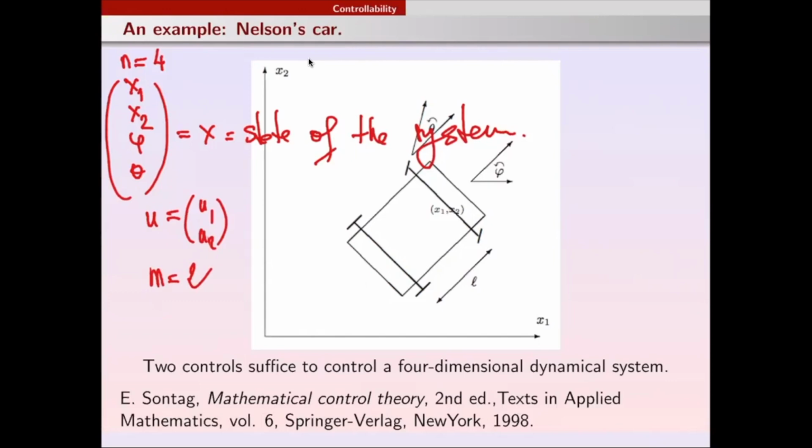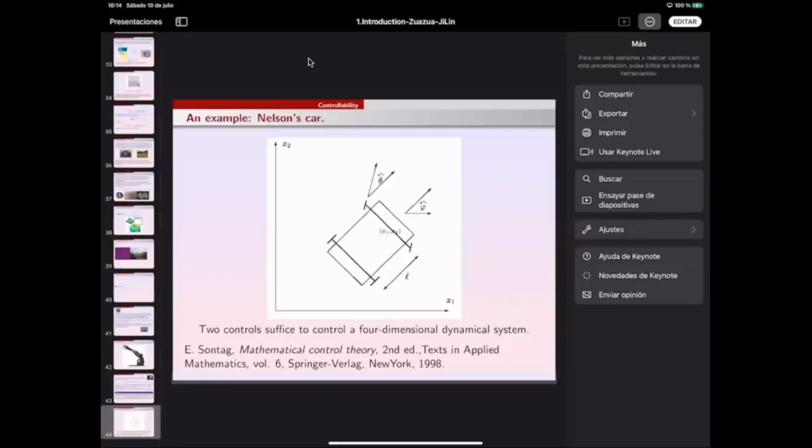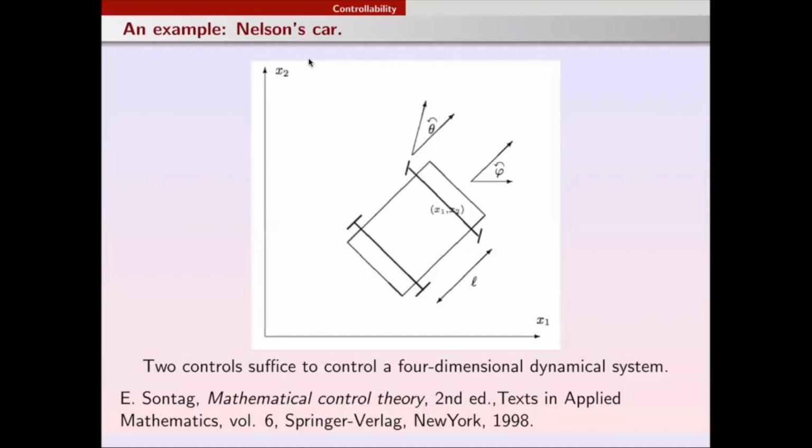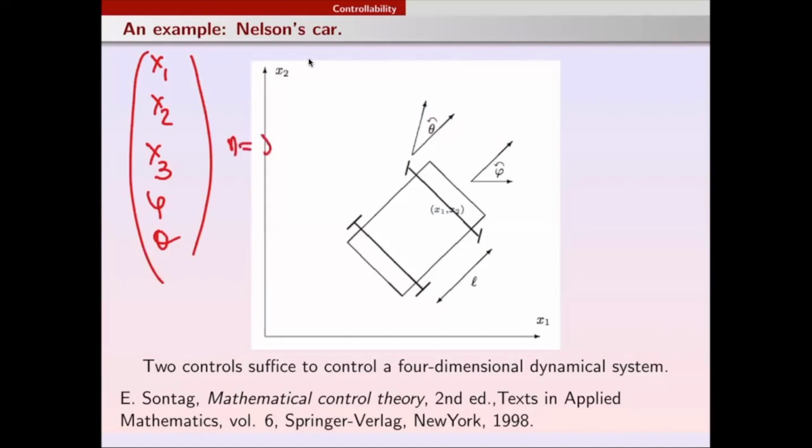So then I say, no, the car is located at... You said that the car had 4 components. I say there are 5. There is also the height. Okay, now in this case, n will be equal to 5, but I still will have only 2 controls.